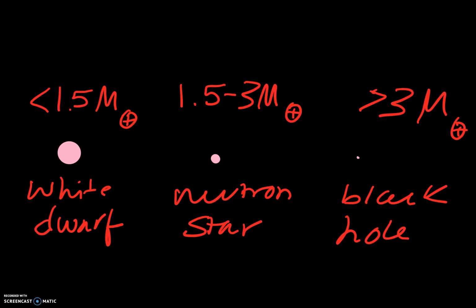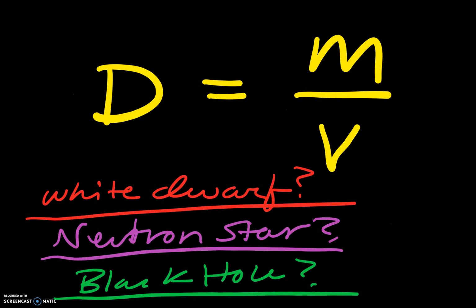And the best way to compare these three is through looking at their relative densities. The formula for density is mass over volume. So mass is just how much matter something has, and volume is how much space it takes up. So looking at white dwarfs, they do have a very high mass.